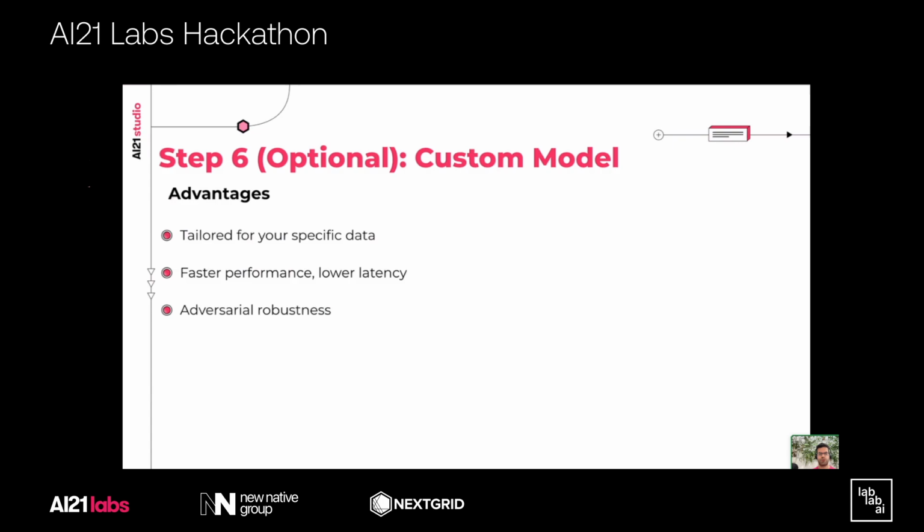So when you do a custom model, it's much more robust to those kinds of things. So how do we do that? What you need to do is build a dataset which contains at least 50 examples. Then you need to train it on one of our vanilla models and use zero-shot prompts to query that.